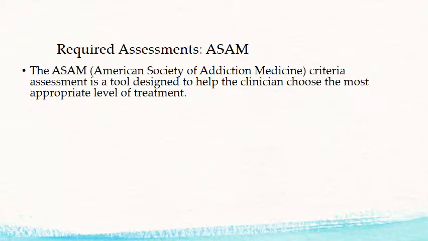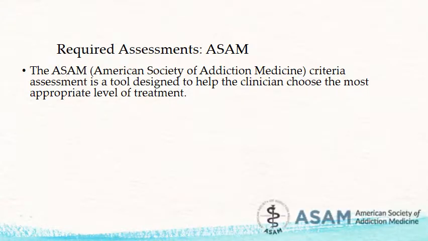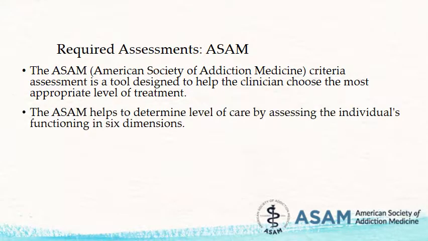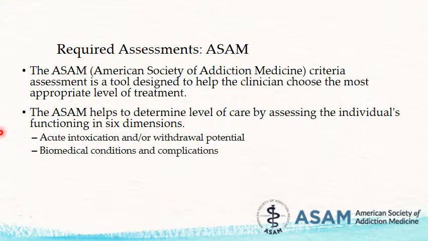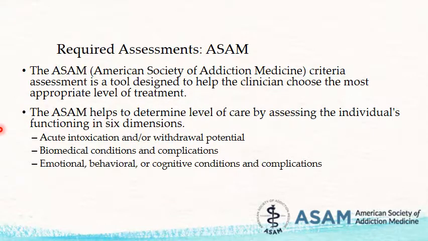The next assessment that we complete is the American Society of Addiction Medicine Criteria Assessment Tool. If you haven't heard about the ASAM, it helps us to determine the level of care by assessing the individual's functioning in 6 dimensions.